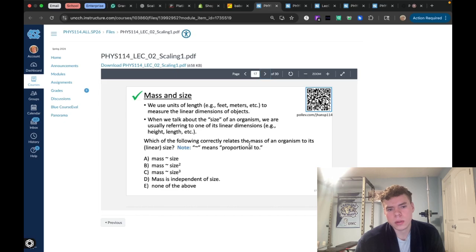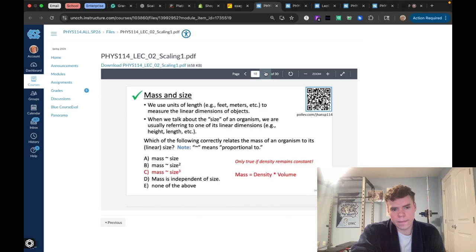So I'm gonna either say it's A or D, because typically mass is how much something weighs, right? And I feel like weight is dependent upon density. It's not really necessarily size. So I'll go with D. Is D right? No. Mass is a unit of cubed. So mass is density times volume, right?